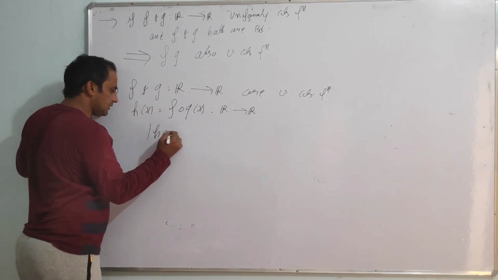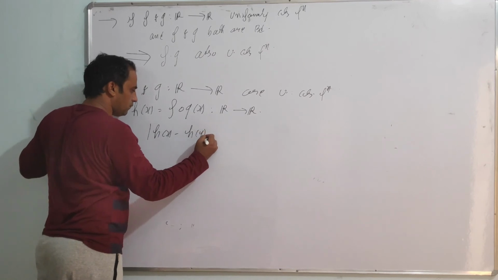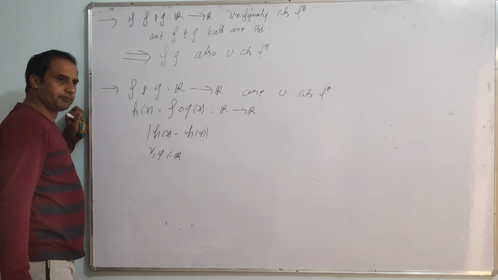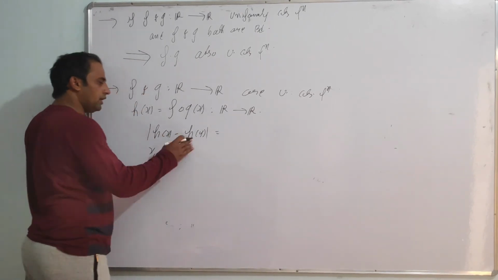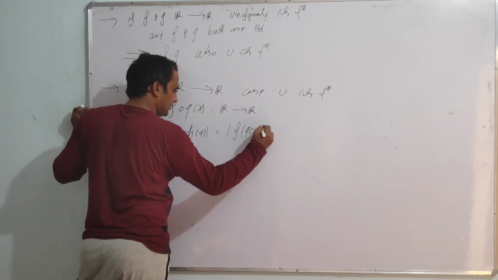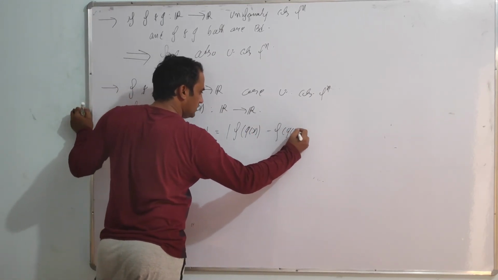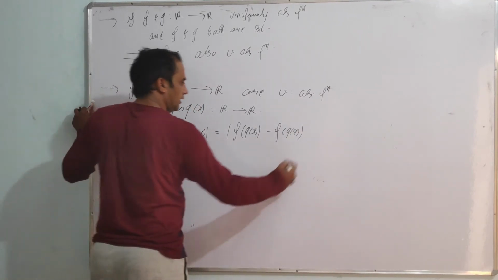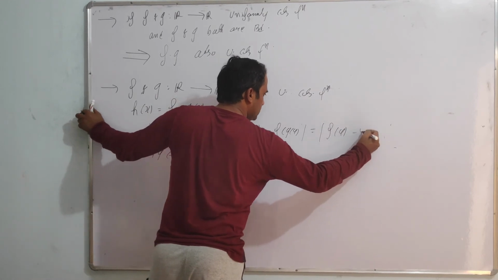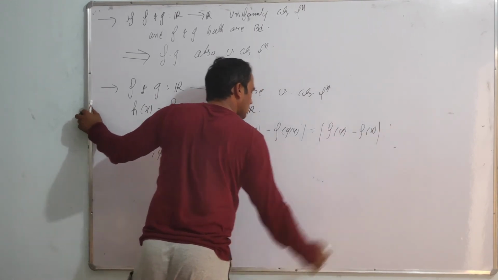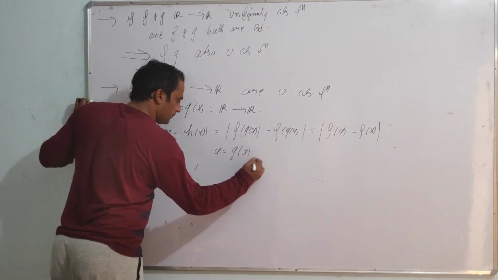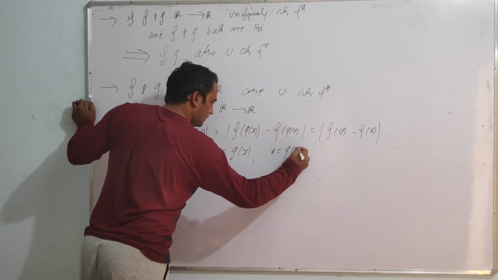Mod of h(x) minus h(y) for any x, y belonging to R. Thus we have to find this one. This is equal to mod of f of g(x) minus f of g(y), which can be written as mod of f(u) minus f(v), where u is equal to g(x) and v is equal to g(y).